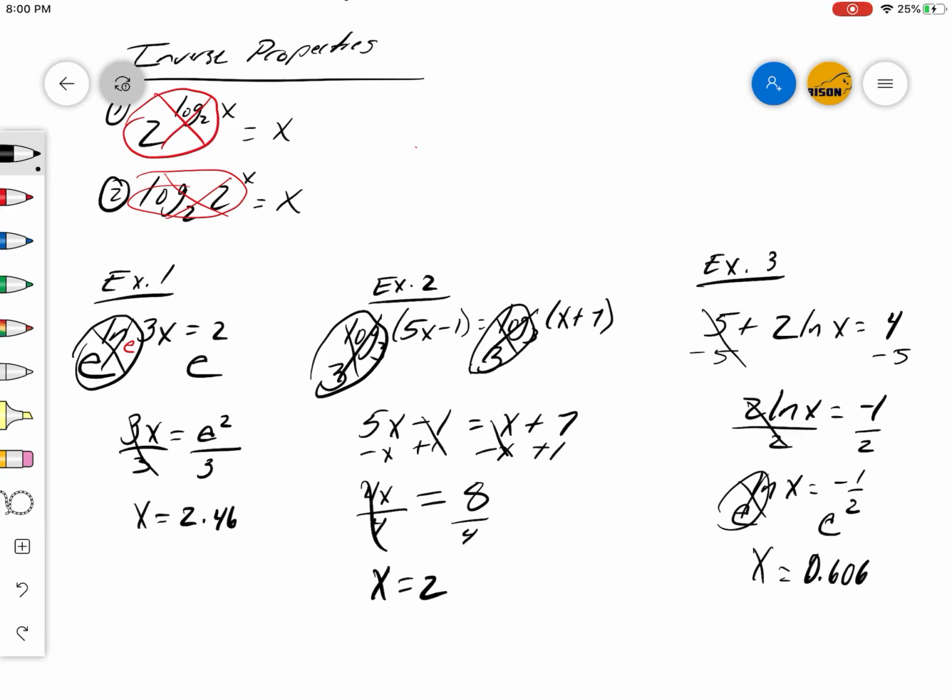If I had moved it up to the exponent, I would have got natural log of x squared is equal to -1. Then I would have done the e thing. Okay, so then I would have had x squared is e to the negative first, and then I would have had to square root it. It's going to end up giving me the same thing anyway. Okay, so whichever way you want to go, doesn't matter to me.